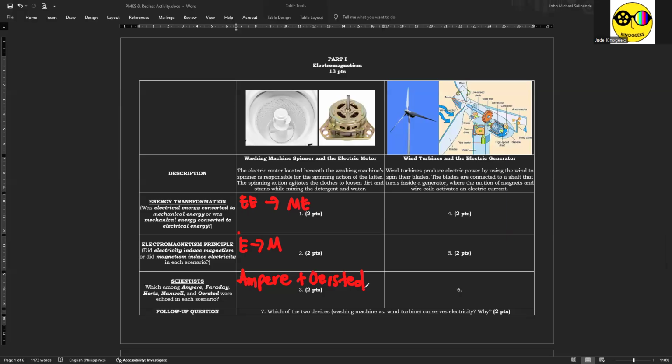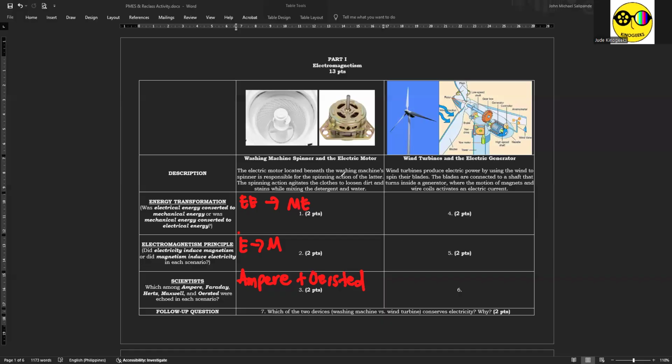Before we proceed to number seven, let's go first to number four, the wind turbines and the electric generator. For the turbine to spin, it needs the movement of the wind. Once the blades spin, the generator inside will be able to produce electricity.